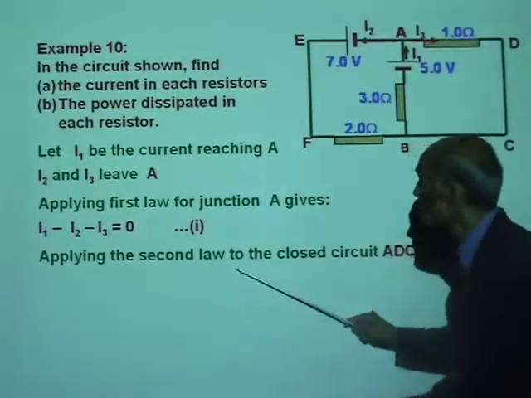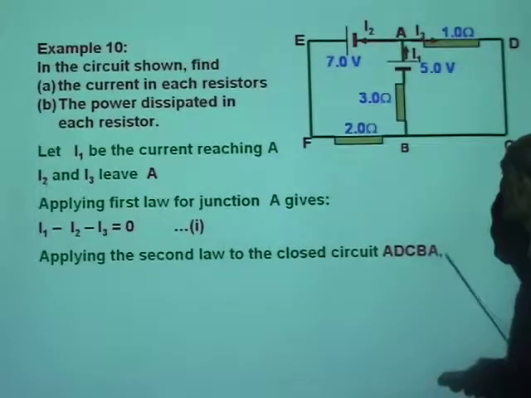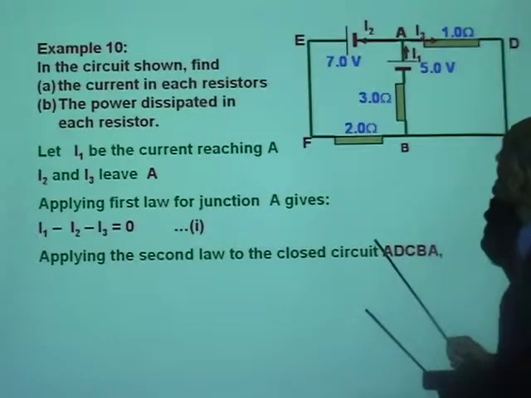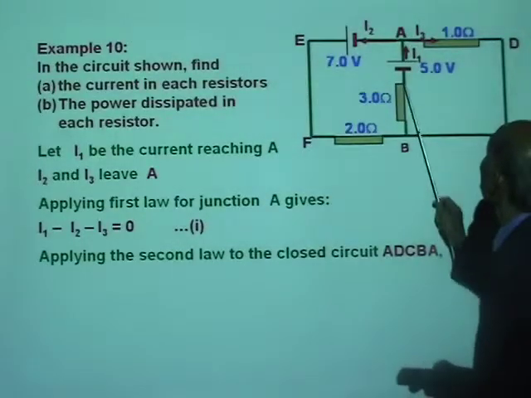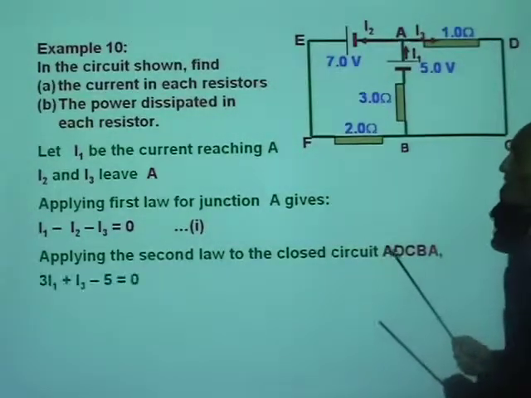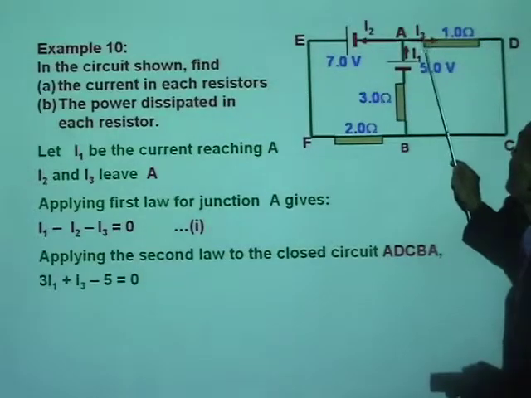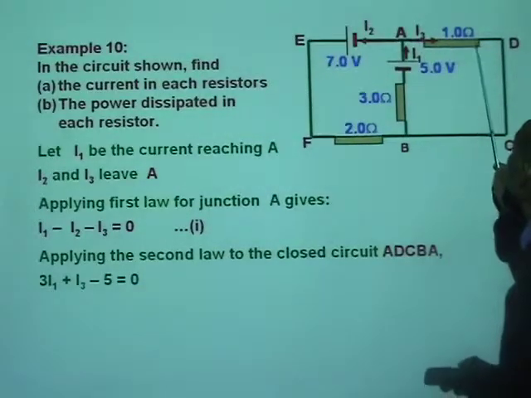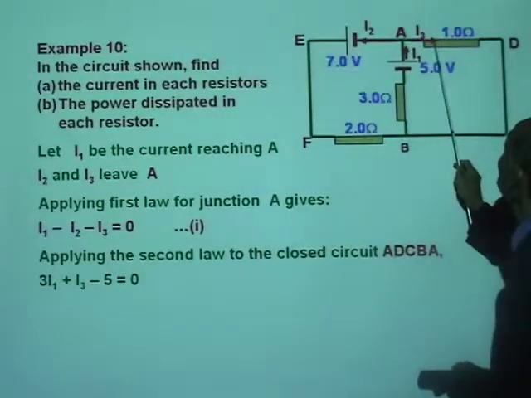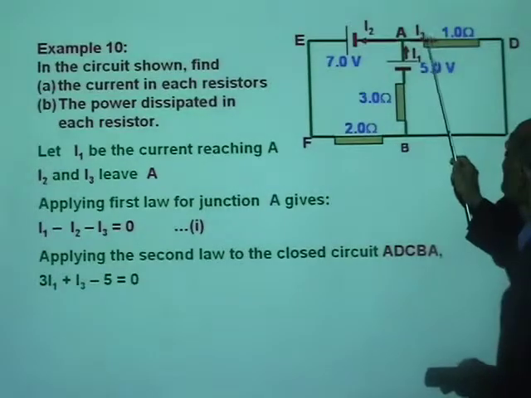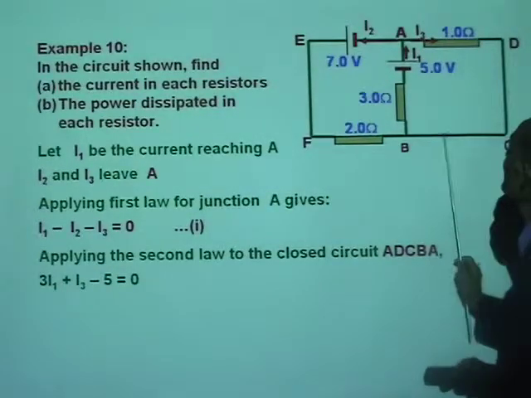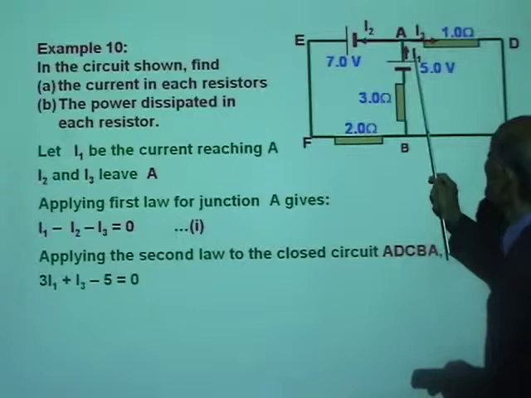Let's apply the second law to the closed circuit ADCBA. I would like you to do that on your own. The current and the loop are in the same direction in both cases. That will be 1 times I3 plus 3 times I1.